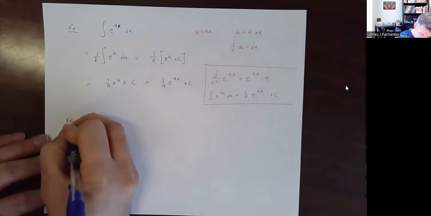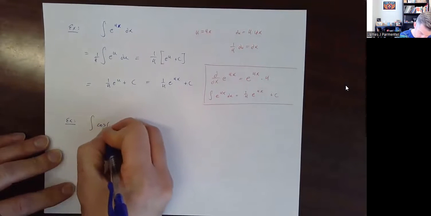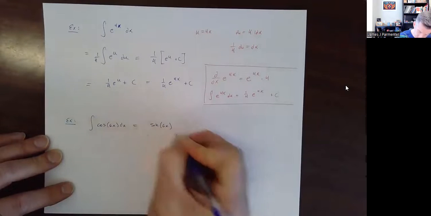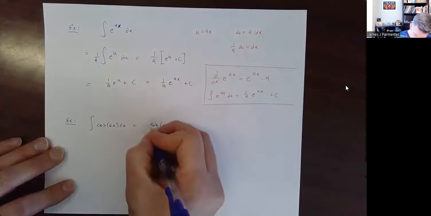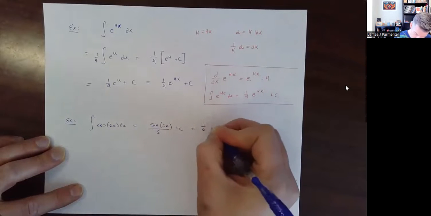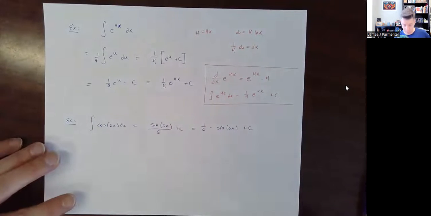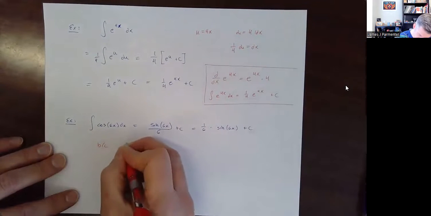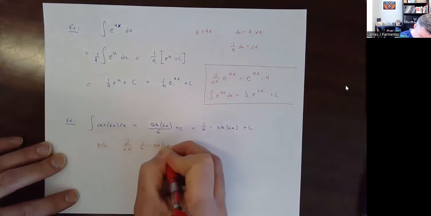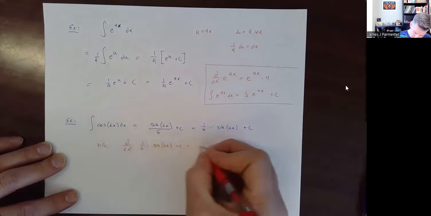So, for example, the integral of cosine of 6x is sine of 6x, but not times 6, divided by 6. Or if you prefer, and I do prefer, 1/6 times sine of 6x. And that's again because of the chain rule, because the derivative of 1/6 times sine of 6x plus c is, well, the 1/6 hangs out.